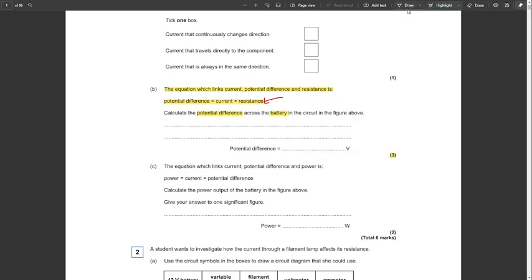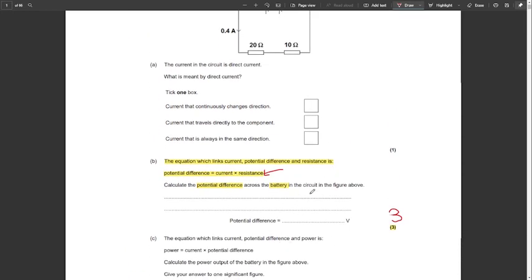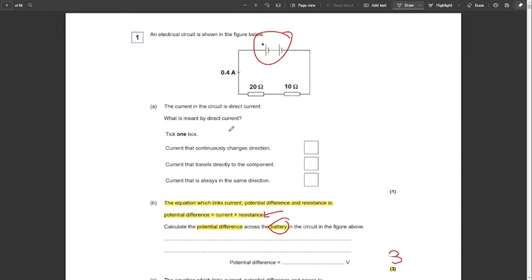So what are you going to need to do? You're going to need to do 3 things. It's asked, find the potential difference across the battery, that's this component just here, in the figure above. So we need current, which is measured in amps, that's going to be this, and resistance, that's going to be that. You need to know a couple of rules to answer this question. That's why it's a 3-mark question and not a 2-mark question.